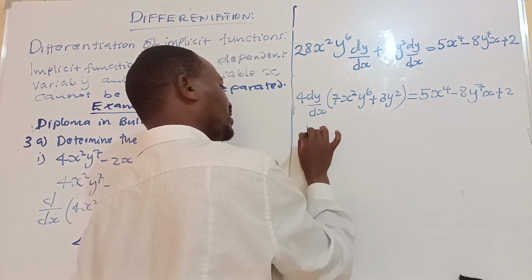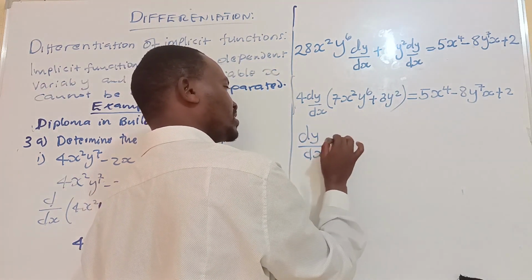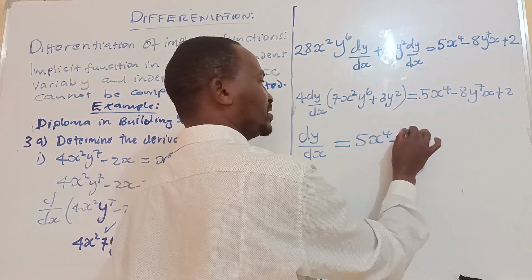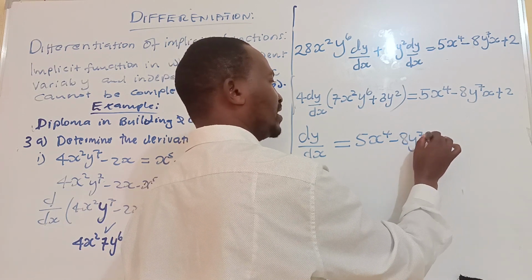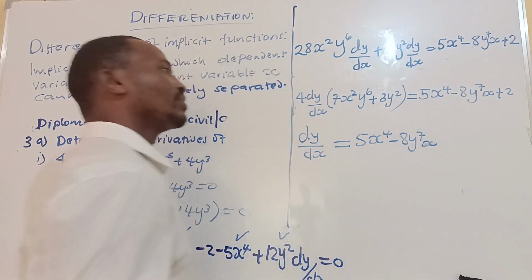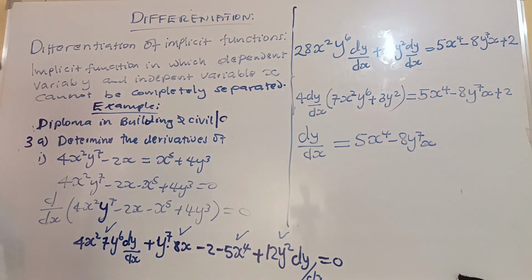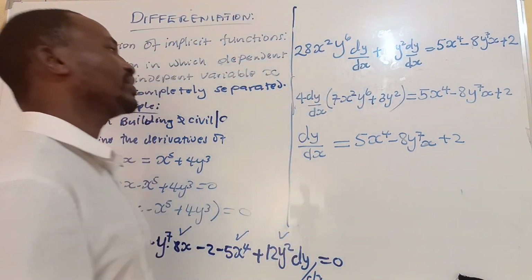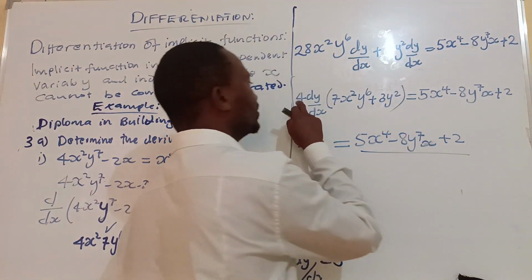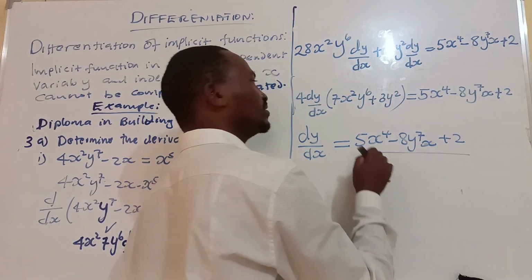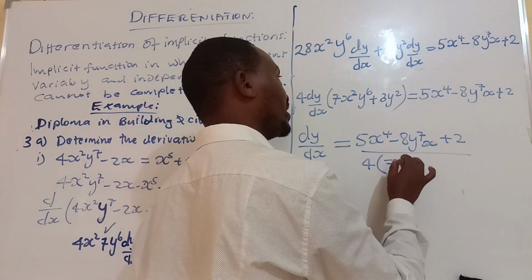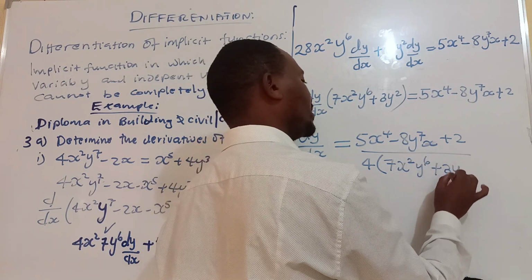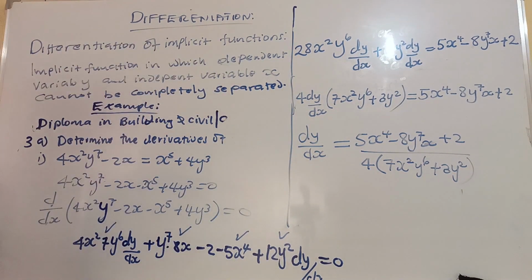So finally we have dy/dx is equal to 5x power 4 minus 8y power 7 x plus 2, divided by this 4 into 7x squared y power 6 plus 3y squared. So that's how you go about that one.